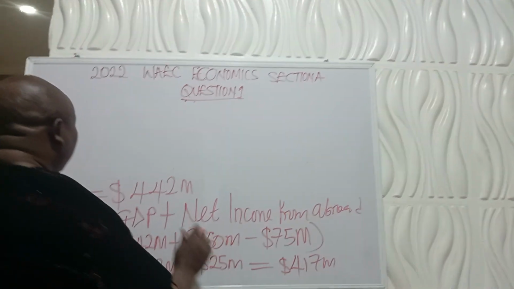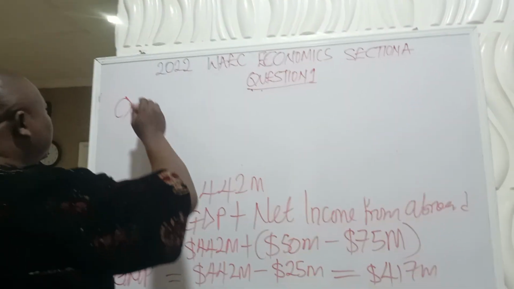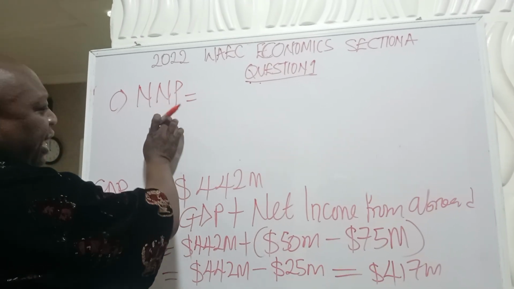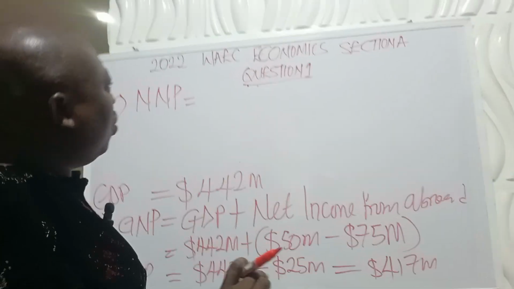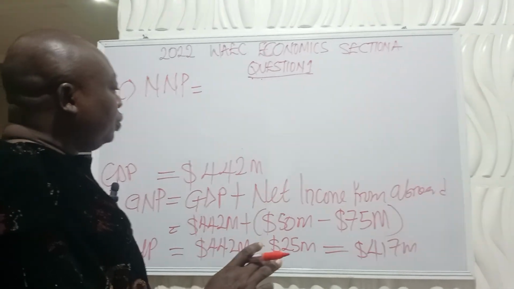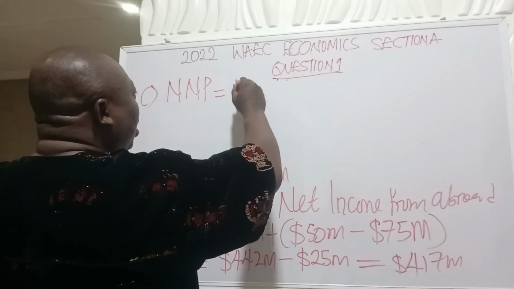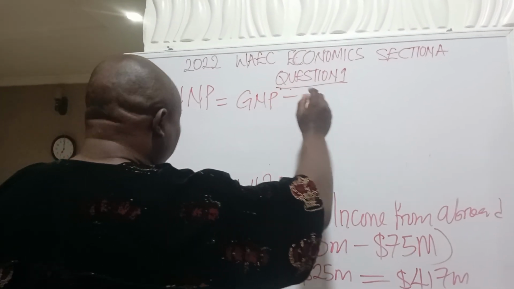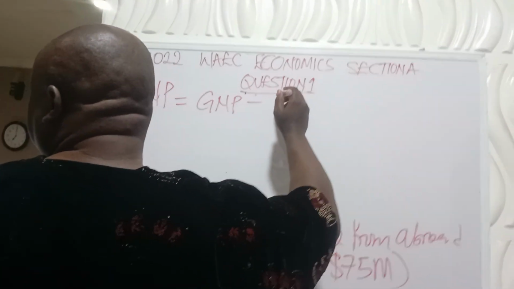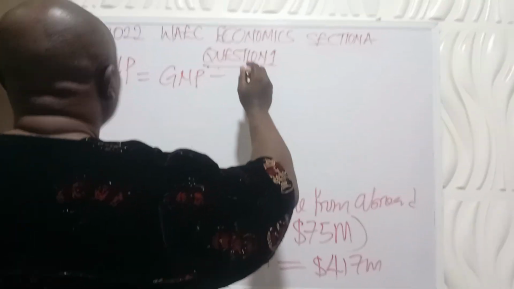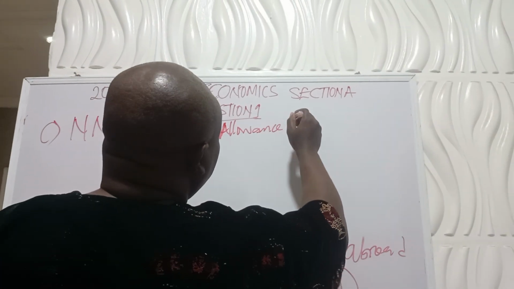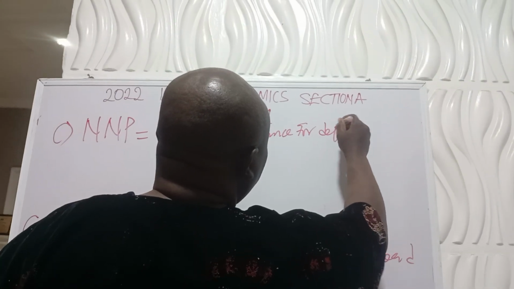Now we move to the last one, which is the calculation of net national product. Here we are going to consider allowance for depreciation. To calculate this, it is gross national product minus allowance for depreciation. When you look at the question, you see there is a depreciation, so minus allowance for depreciation.